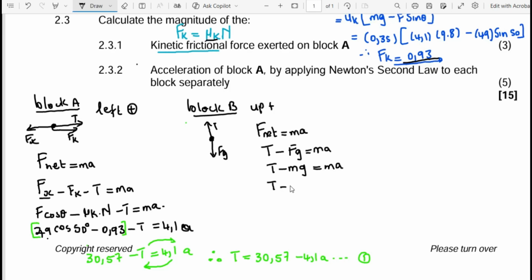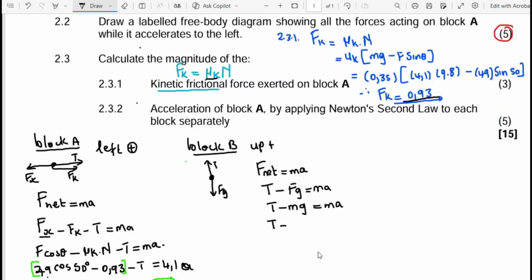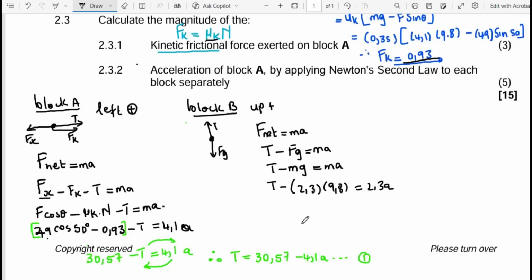Tension minus the mass of block B, which is 2.3, multiplied by 9.8, equals 2.38. We are making tension the subject of the formula.